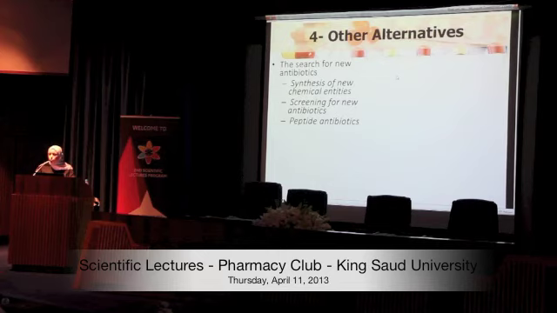Peptide antibiotics are products of our own natural immune system. They are broad spectrum against gram-positive, gram-negative and mycobacteria. They are new and potentially going to be very effective against infections.